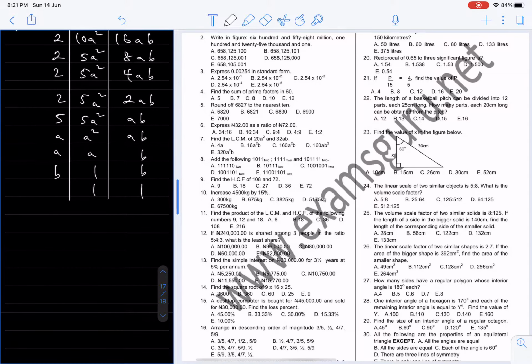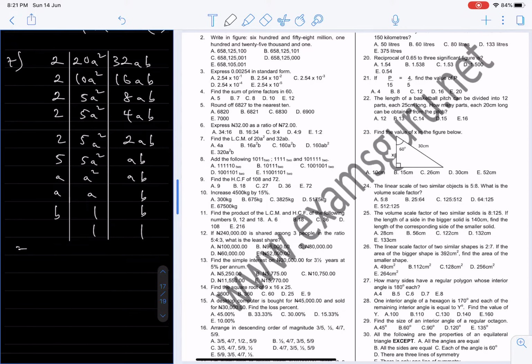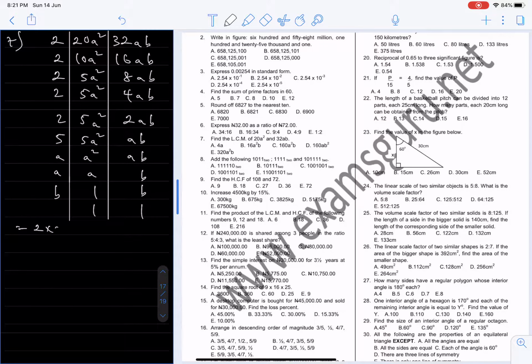So the LCM is 2 times 2 times, how many 2's? 1, 2, 3, 4, 5. 2 times 2 times 2 times 2 times 2 times 5 times a times a times b.